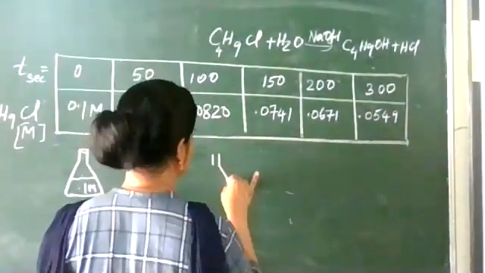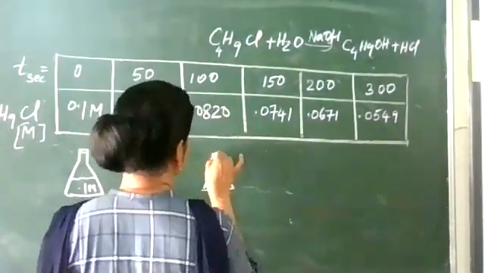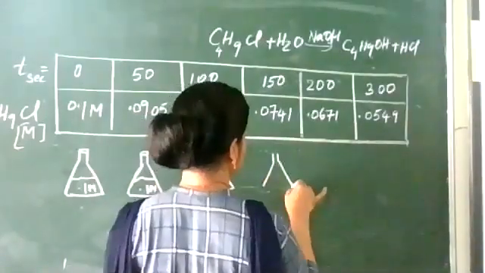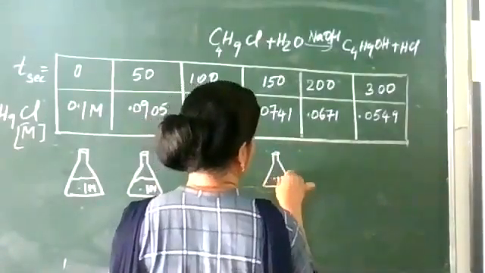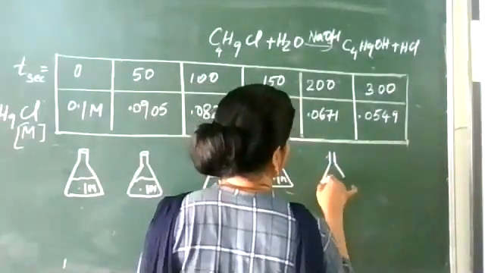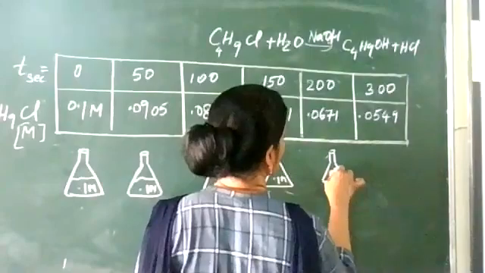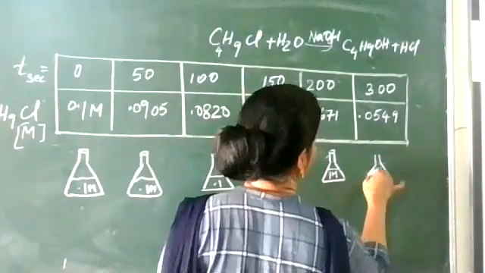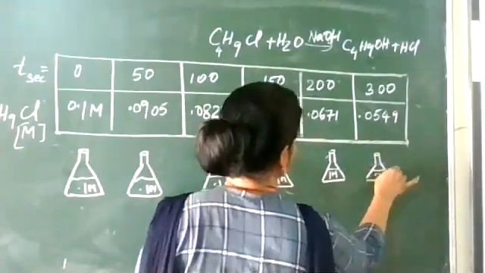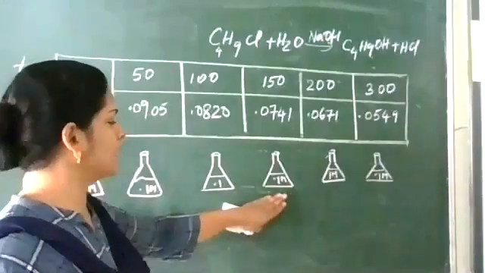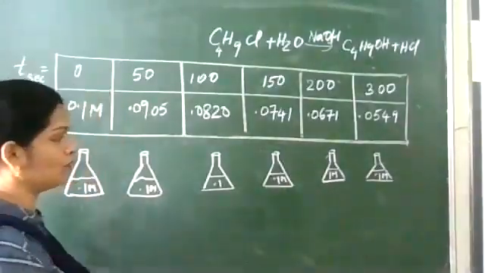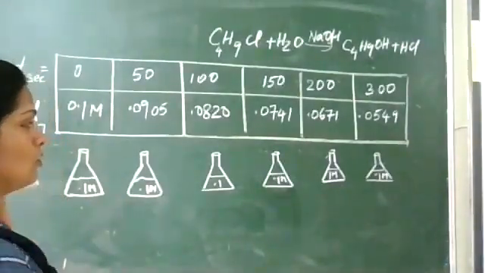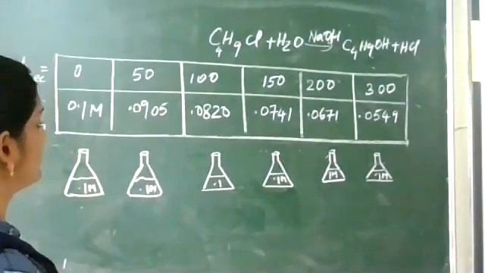In all the conical flasks, in the beginning, we have taken 0.1 molar, equal volumes, for example 20 equal volumes, of this butyl chloride.